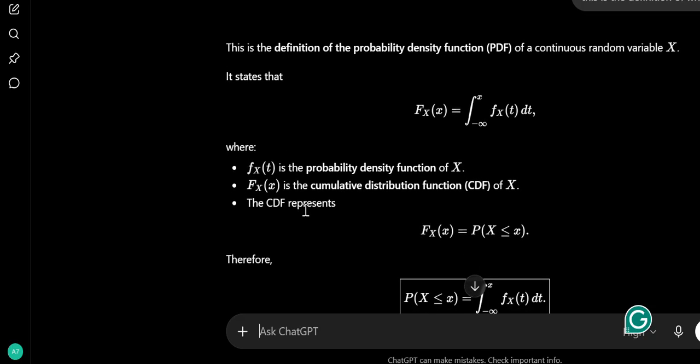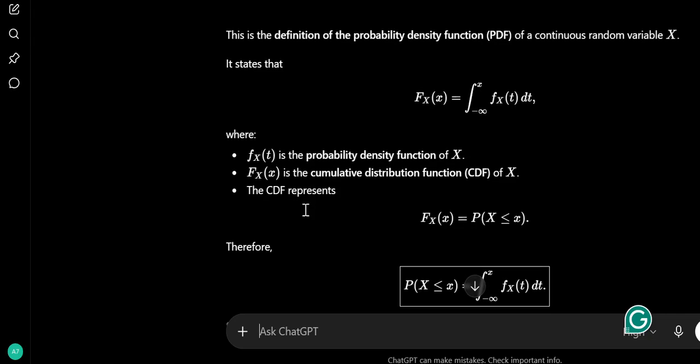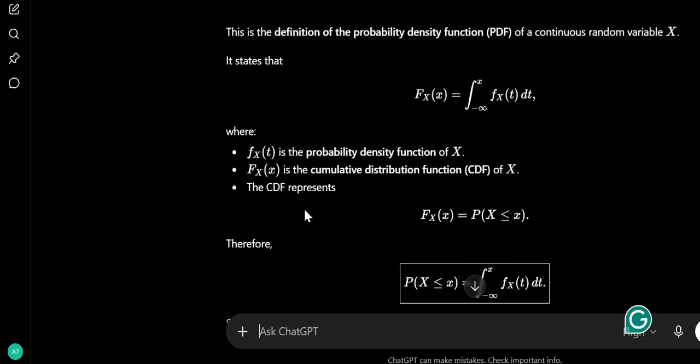So now it's saying this is a definition of the PDF. Oh, this is not the definition of a continuous random variable. The definition of a continuous random variable is that if x is continuous, then its cumulative distribution function is continuous. Yes, x is discrete if its cumulative distribution function is stepwise.